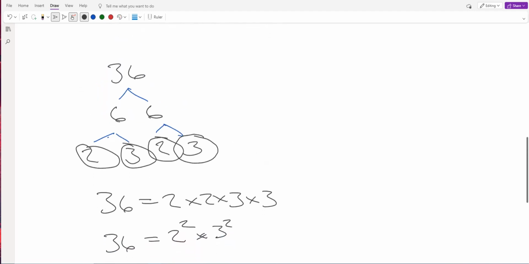Now let's go ahead and do 36, but use different numbers here. So we can break this down, and let's pull out that 2 first. We see it's even, so let's go ahead and do that. So that would be 2 and 18, which would be 2 and 9, which would be 3 and 3.